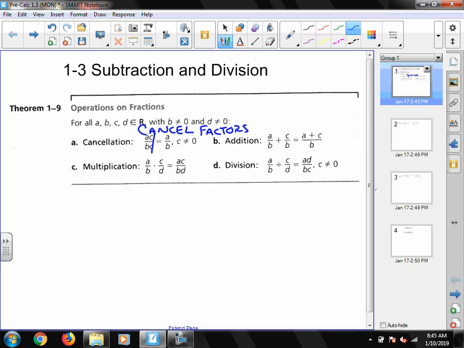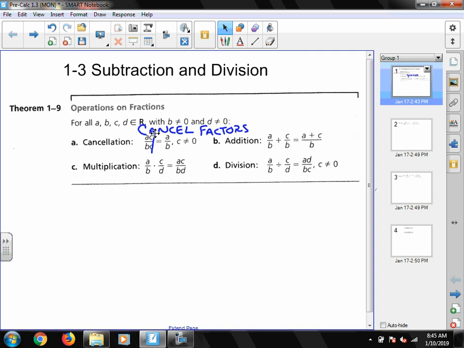Meaning, if I have x over x plus 1, okay, a lot of you try really, really hard to cancel those two x's, okay? That can't happen because we don't have factors.